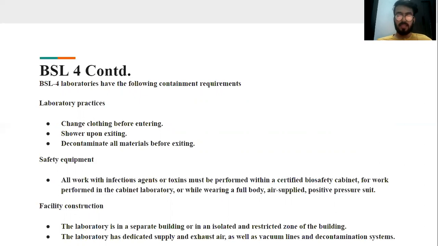This is a must for work performed in the cabinet laboratory or while wearing a full body air supplied positive pressure suit. The laboratory is a separate building or in an isolated and restricted zone of the building. No movement should take place around the BSL-4 laboratory. Laboratory has dedicated supply and exhaust air as well as vacuum lines and decontamination system.